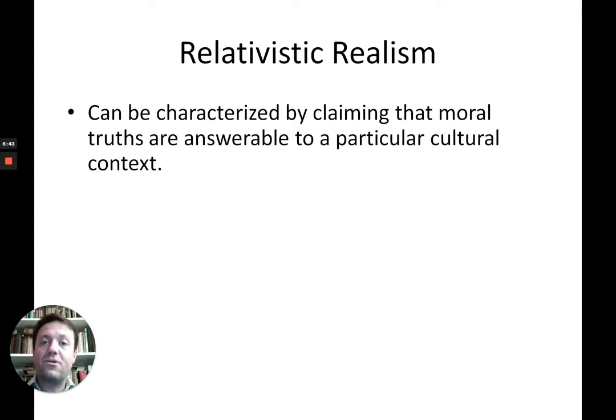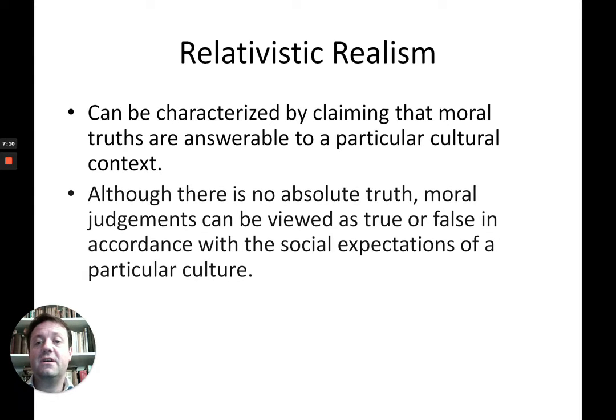So we create the rules and create a sort of framework within which we have a moral code. But that doesn't mean that that moral code or that moral framework is actually factual. It's still irrealist, it's still subjective, but we have invented a framework which, for example, makes it easier to get along with other people in that culture.